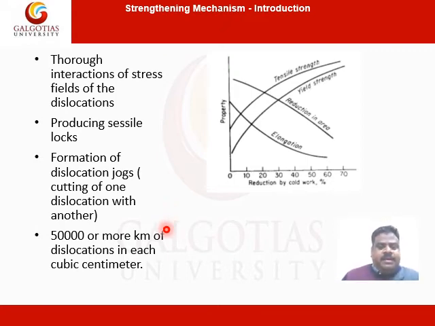Typically in a cold worked metal, researchers have said, 50,000 or more kilometers of dislocations are there in a cubic centimeter if we arrange the dislocations lengthwise. So many dislocations are being generated, through whose interactions the strength of a material is increased through cold work.